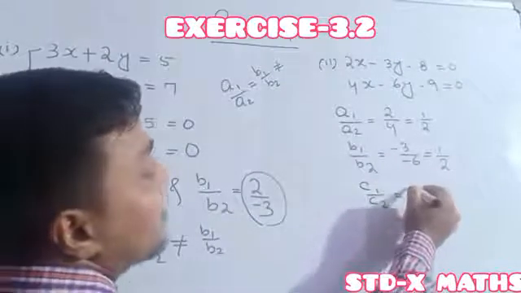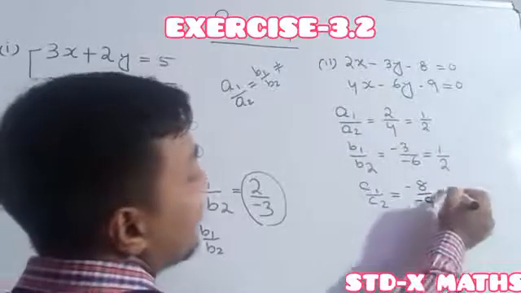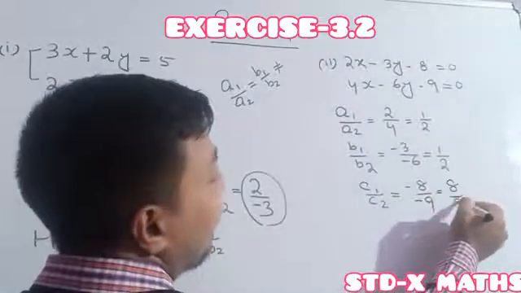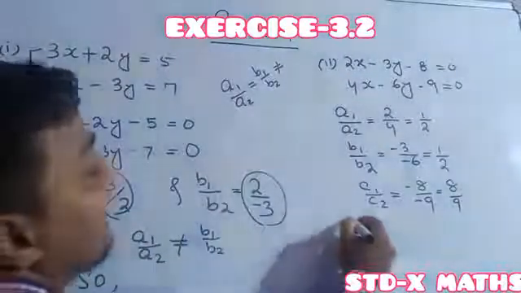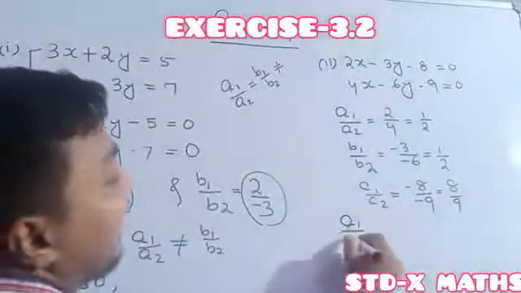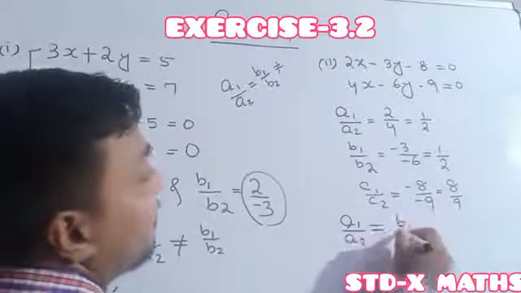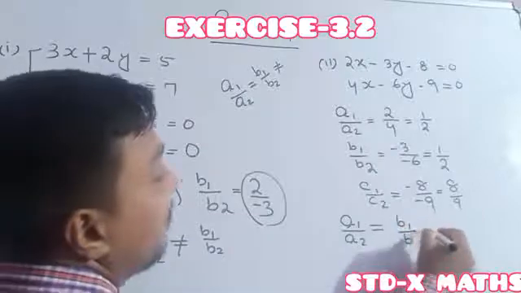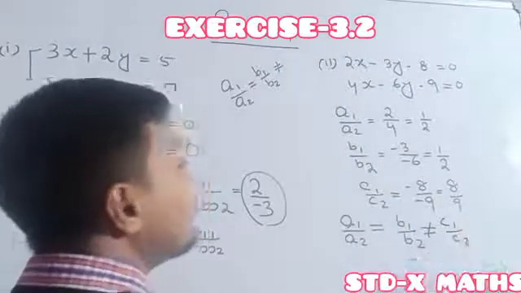Here we are getting C1 by C2 as minus 8 divided by 9, which is 8 by 9. So it is clear that here A1 by A2 is equal to B1 by B2, but it is not equal to C1 divided by C2.